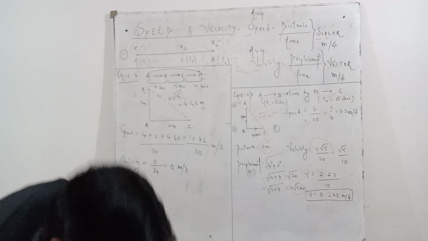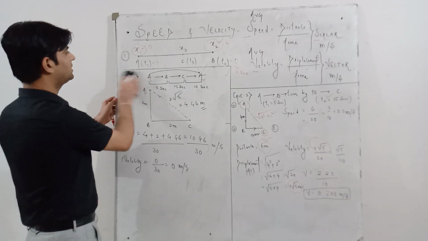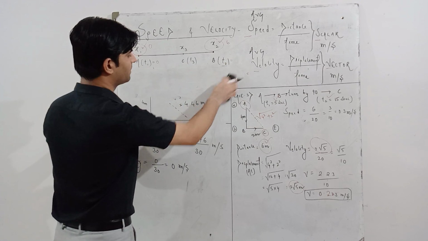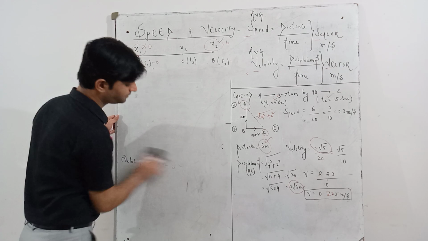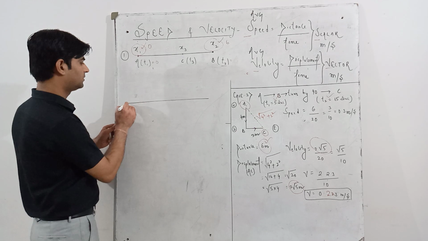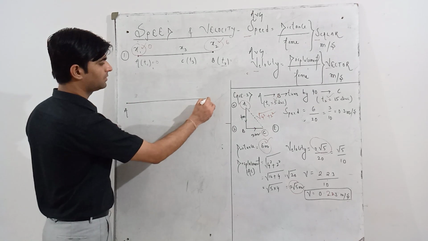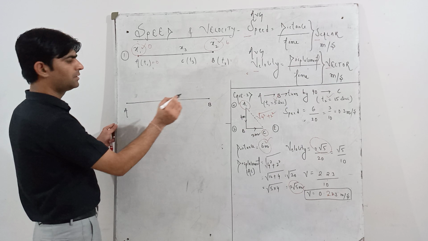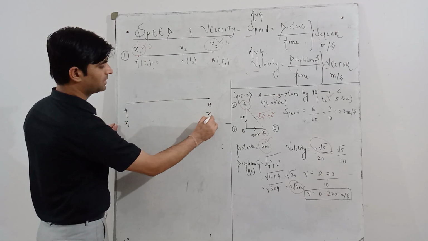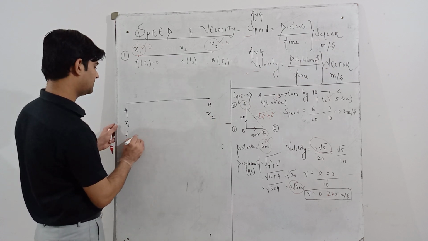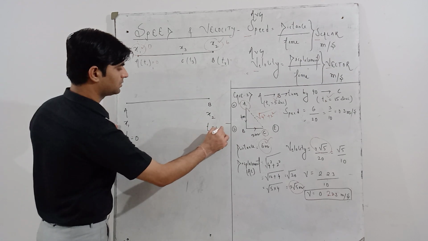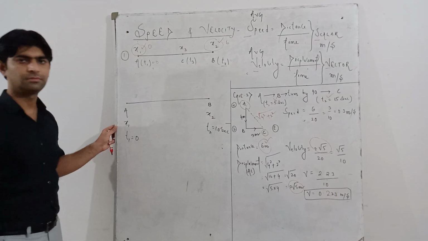Now what are instantaneous speed and instantaneous velocity? In the same diagram as case number 1, suppose this is a straight line, point A to point B, and here I am writing x1, x2, t1 is 0 and t2 is 10 seconds.